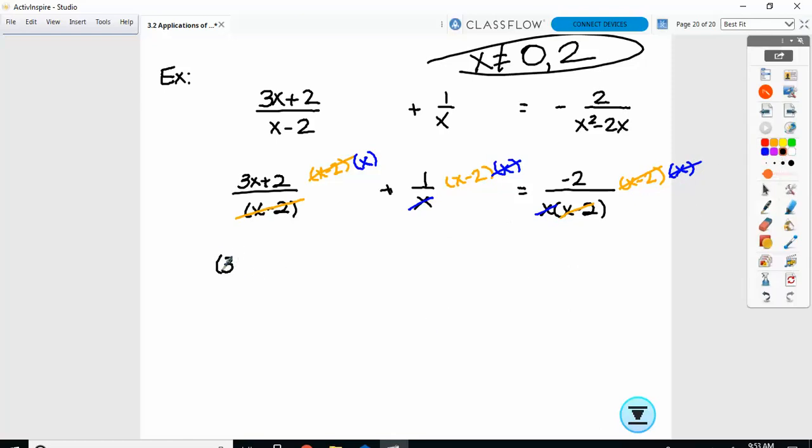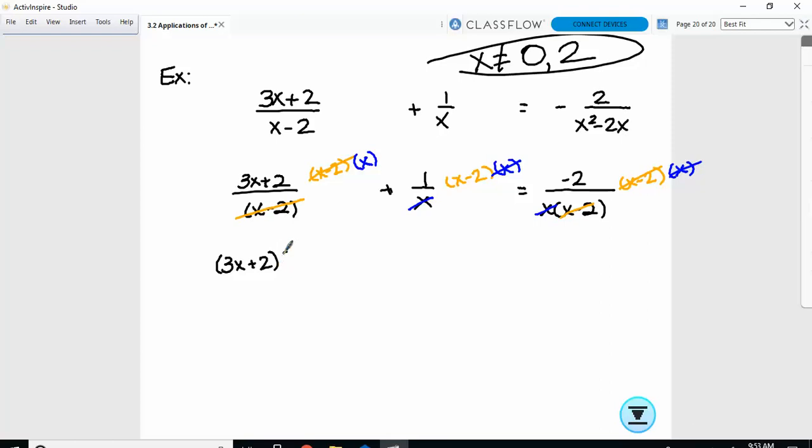So we are left with 3x plus 2 times x, 1 times the x minus 2, and over here is just a negative 2.